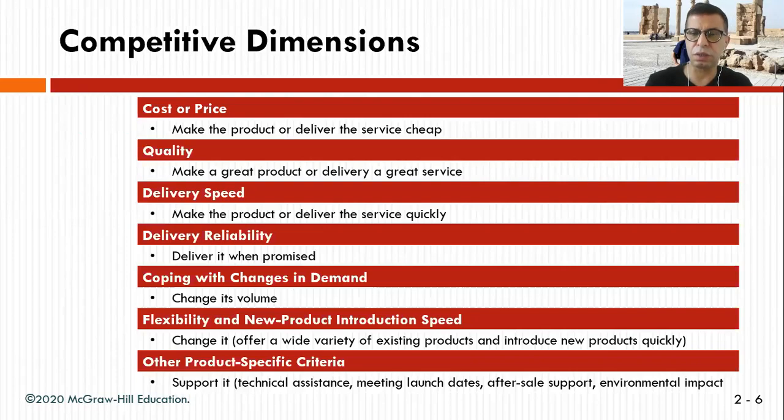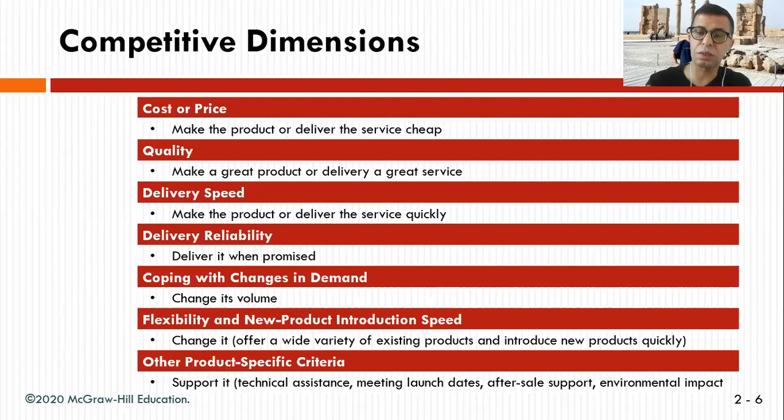The first one is the cost or the price. You probably want to make the product or deliver the service cheaply, because profit is sales minus the cost. You also need to look at quality and make a great product or deliver great service.